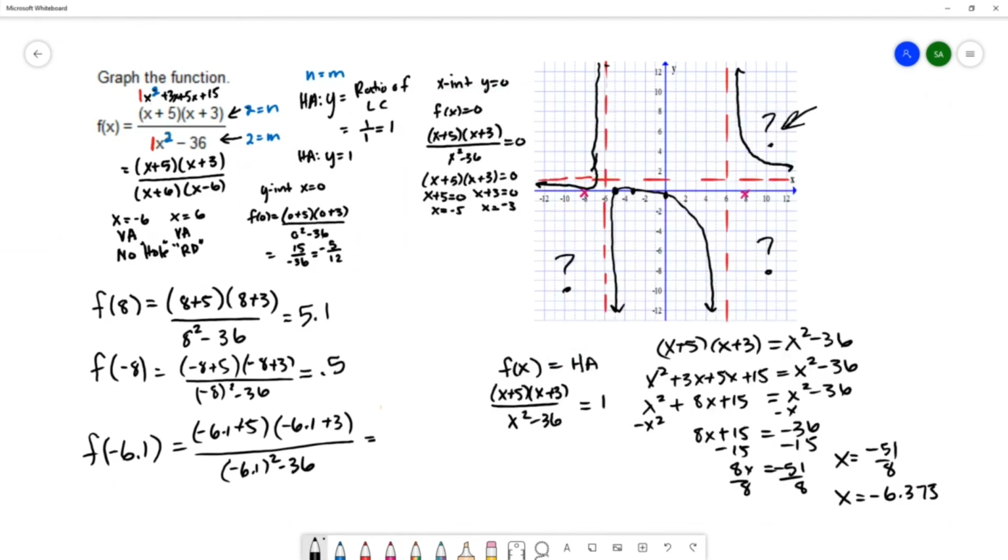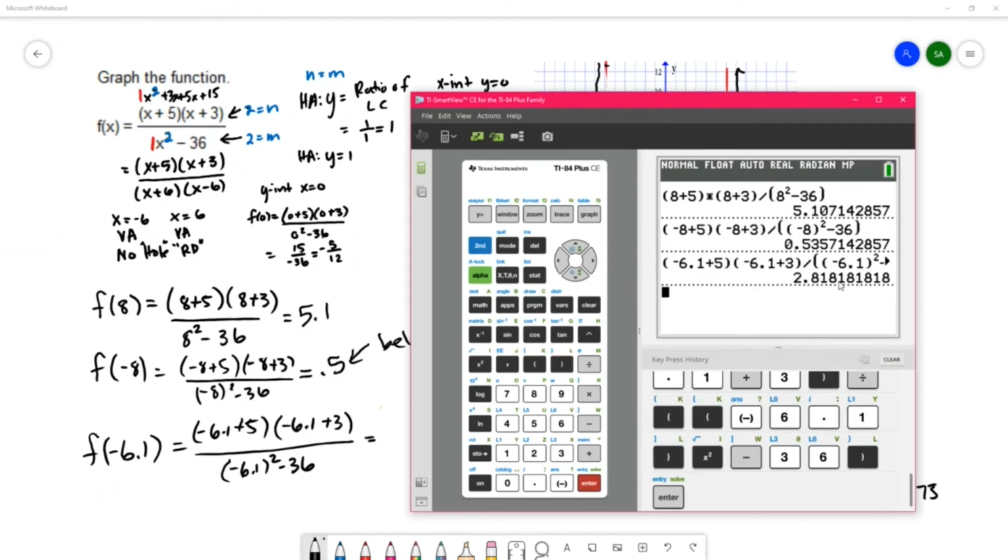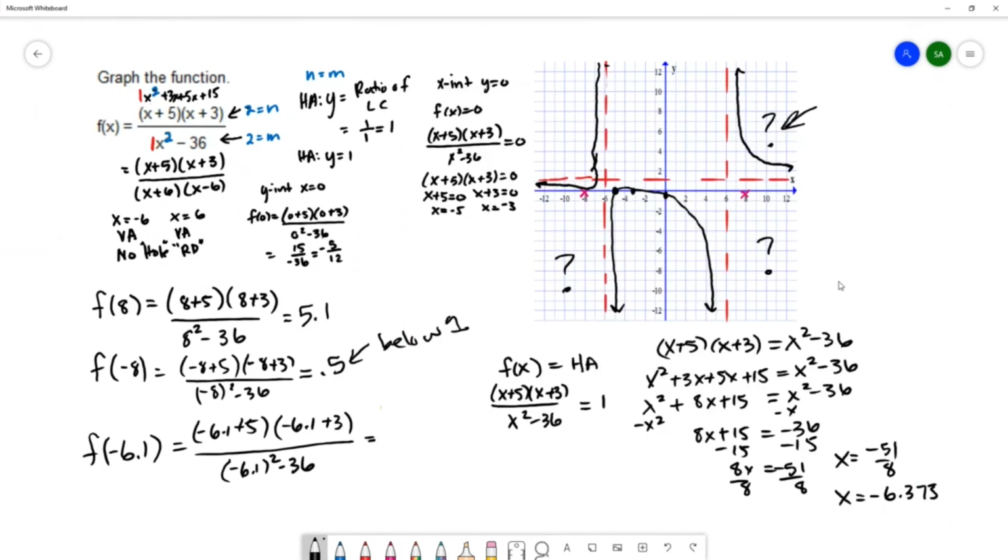That's really, really helpful for me to see that that is below 1, because that means it's below the horizontal asymptote. And we have 2.81. So once again, this is really helpful for me to see that this is now above 1, which is above that horizontal asymptote.